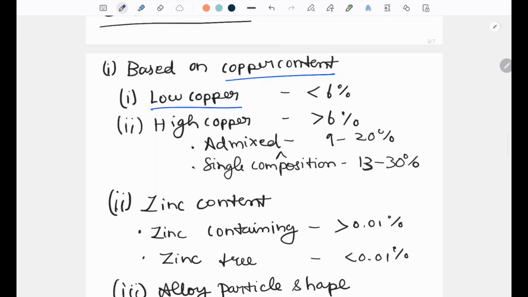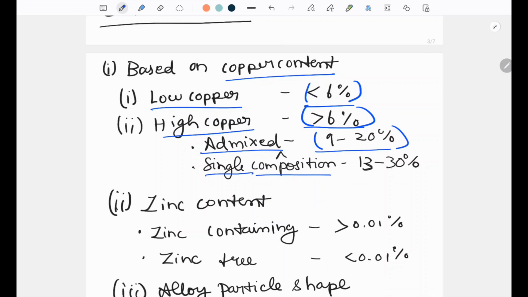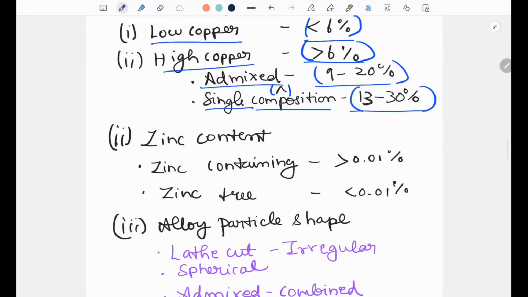Low copper contains less than 6 percentage of copper, whereas high copper contains greater than 6 percentage. It is of two types: admixed, 9 to 20 percentage, and single composition, 13 to 30 percentage. Single composition is better than admixed alloys.